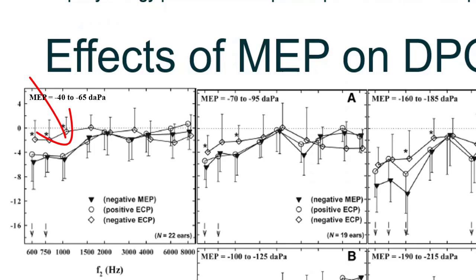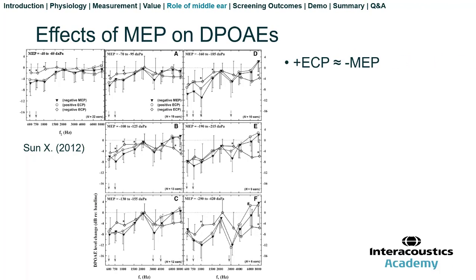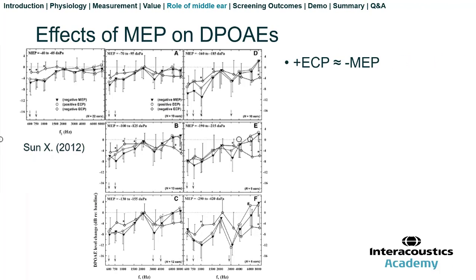And then these other lines denote the application of either positive ear canal pressure, negative ear canal pressure, or negative middle ear pressure. What these results suggested was that positive ear canal pressure follows roughly the same effect as negative middle ear pressure, which suggests that to simulate negative middle ear pressure, it's probably best to use positive ear canal pressure.